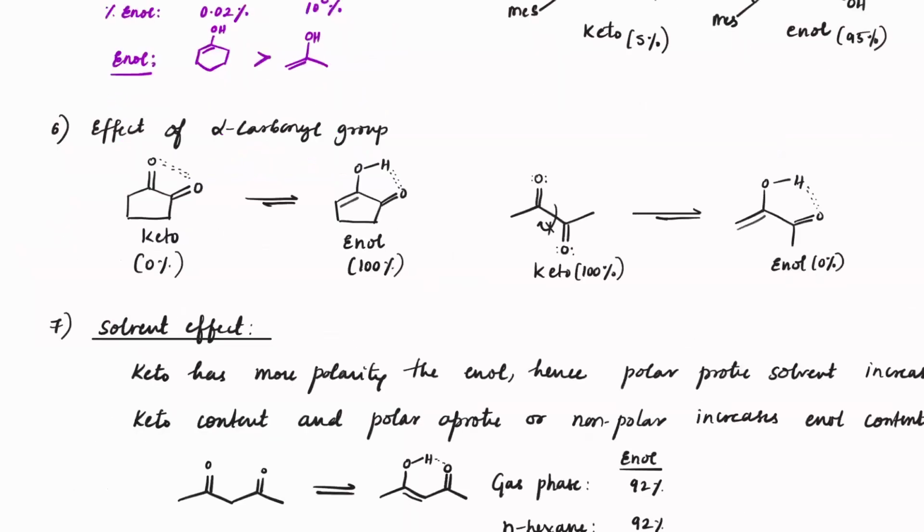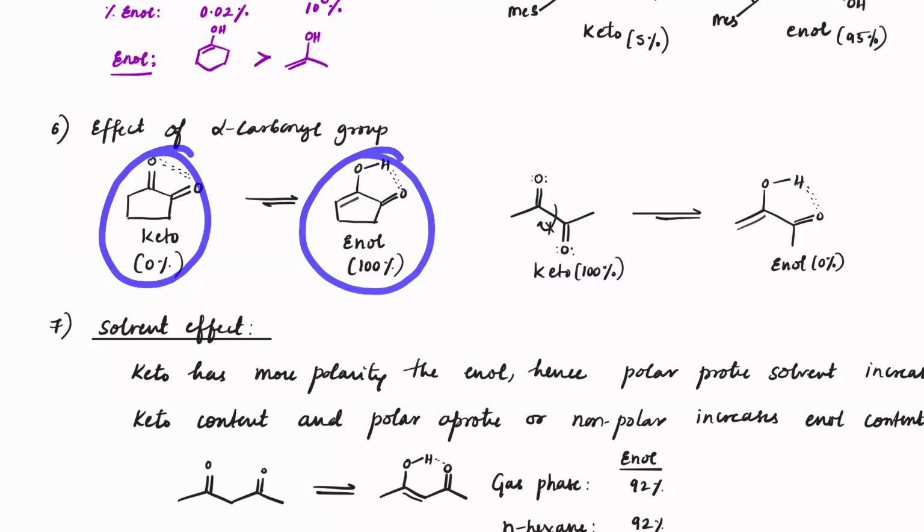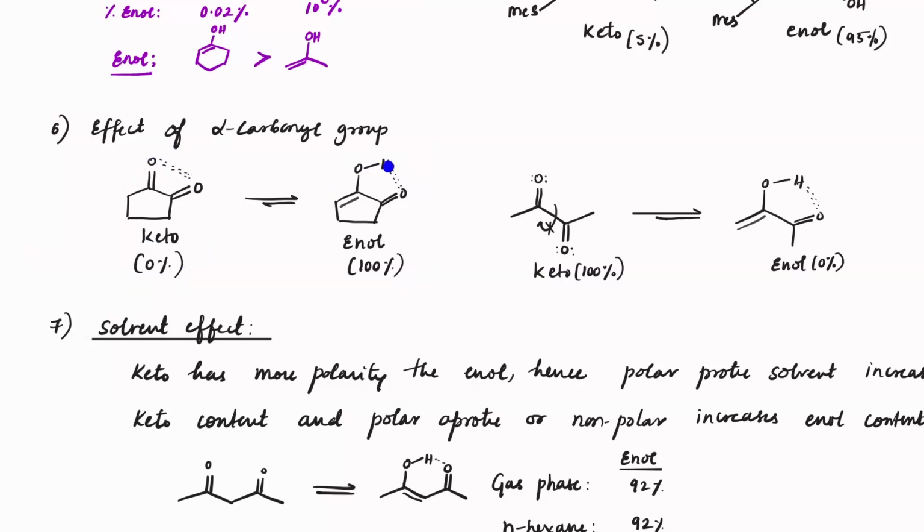Next, if you have a 5-membered ring with diketone here, check out. This is the keto form and this one is the enol form here. Now, if you notice, in this enol form, there is strong hydrogen bonding as well as a release in the strain.